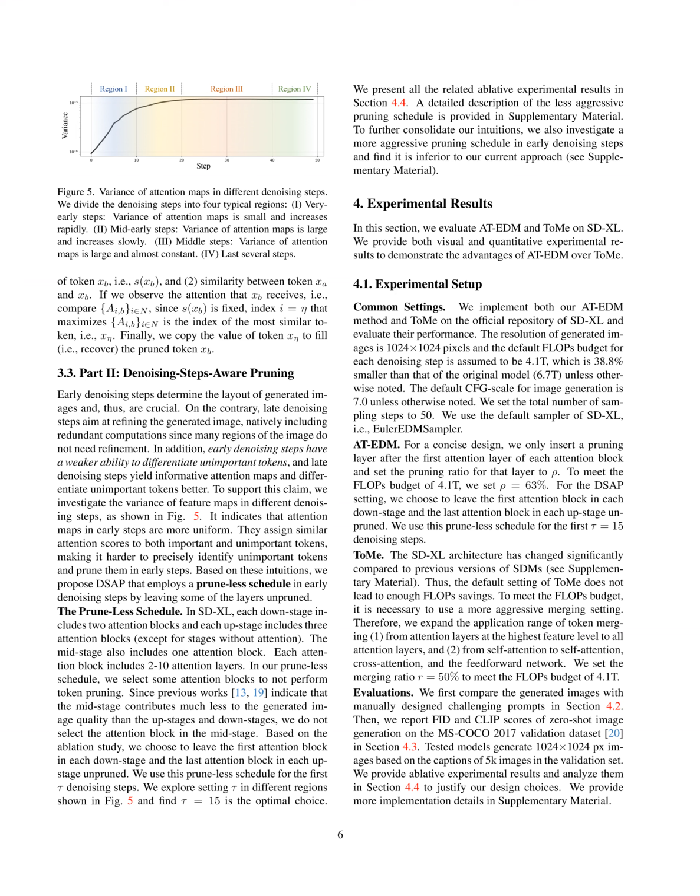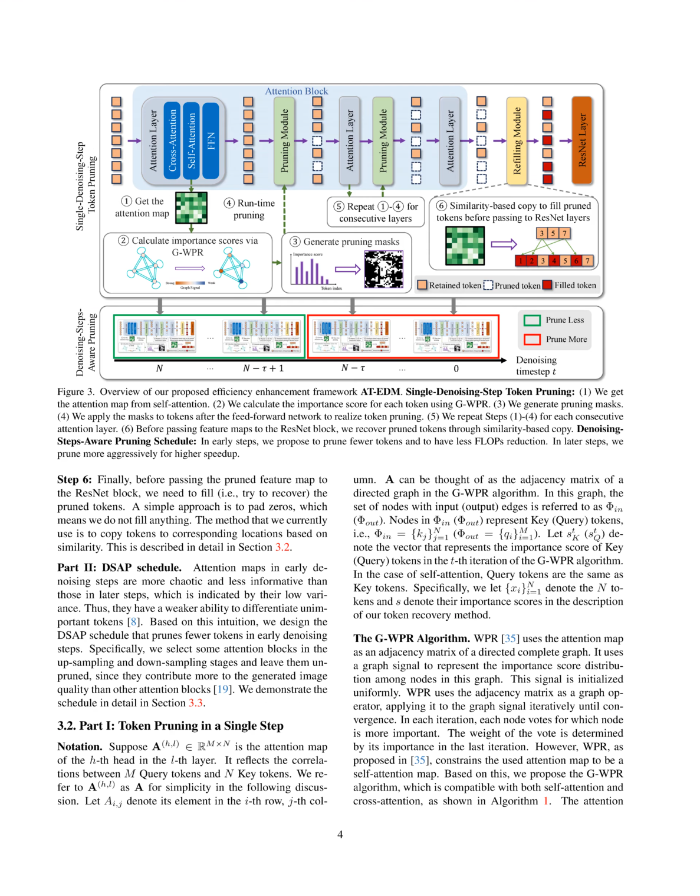To leverage this insight, DSAP implements a prune-less schedule in early denoising steps by leaving certain attention blocks unpruned. Specifically, it selects attention blocks in the up-sampling and down-sampling stages to remain unpruned, as they contribute significantly to image quality.